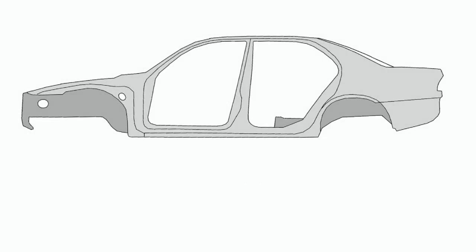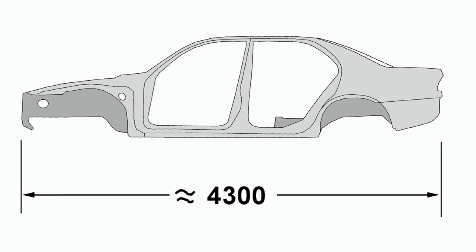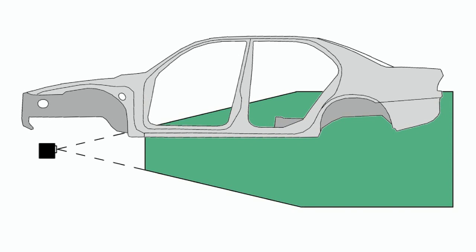Total length is 4.5 meters. That's why we have to measure the underbody points from two positions of the measuring beam. At the beginning, let's position the measuring beam under the front part of the vehicle, so that the entire vehicle, except the front section, will be in the working area. The front section will be measured from the beam's next position.